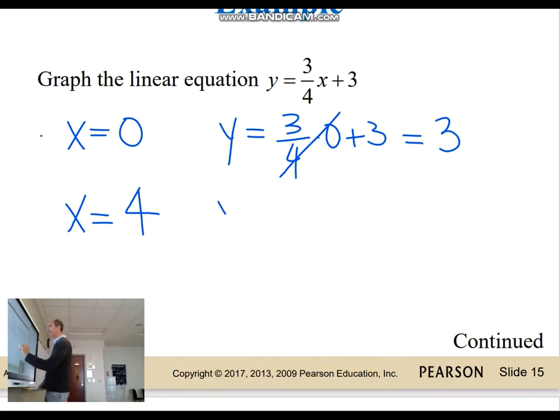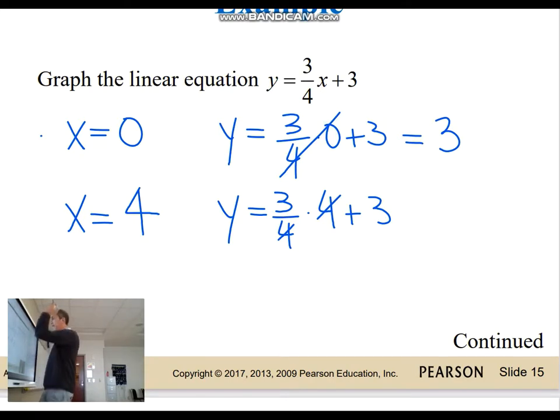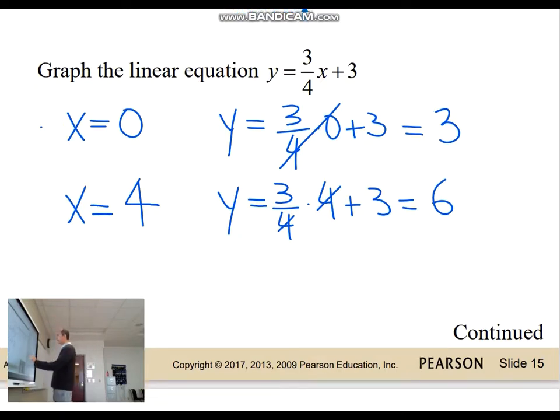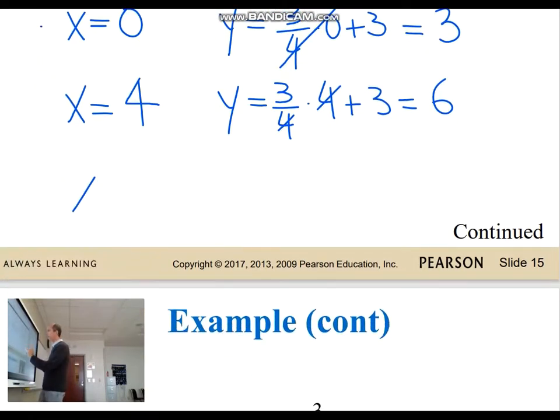With x equals 4, y equals 3 over 4 times 4 plus 3. 4 over 4, we can simplify, so y equals 6. Another number, we can also use negative numbers if you wish.